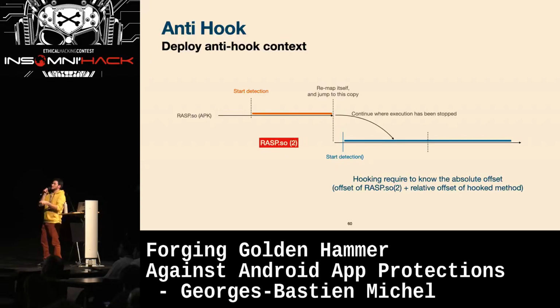I think it is a trick for editors to protect against some hooking, because you need to know the new absolute offset of the hooking function, and this offset is relative to the location where the application libraries have been remapped.